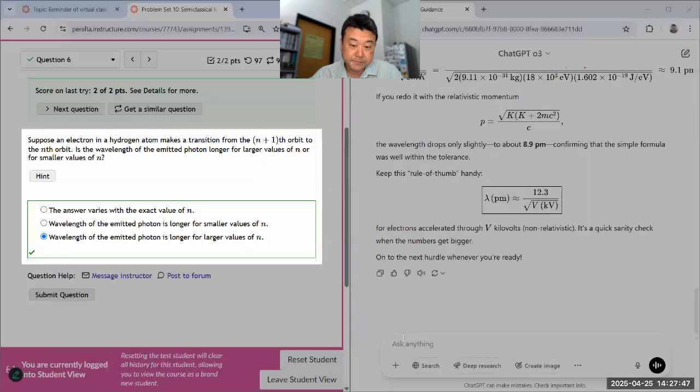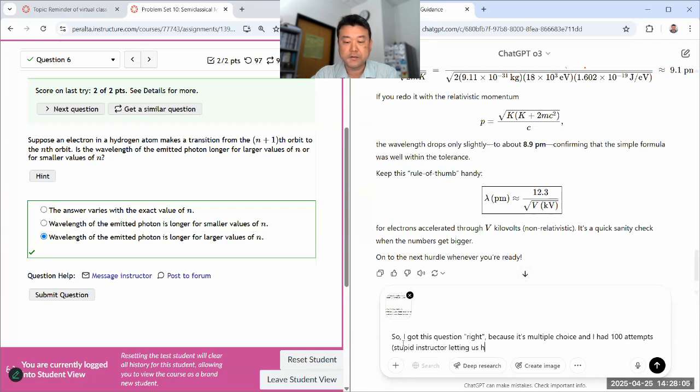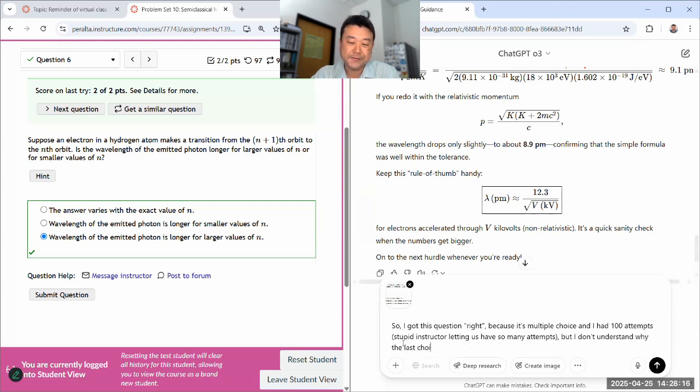So I'll ask: I got this question right because it's multiple choice and I had 100 attempts. Stupid instructor letting us have so many attempts. But I don't understand why the last choice is correct. Help.